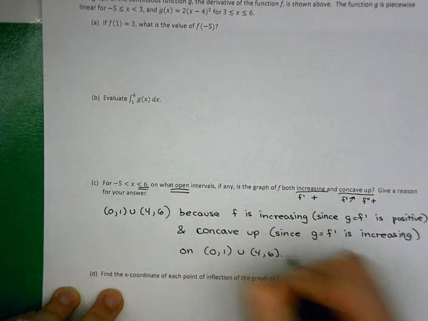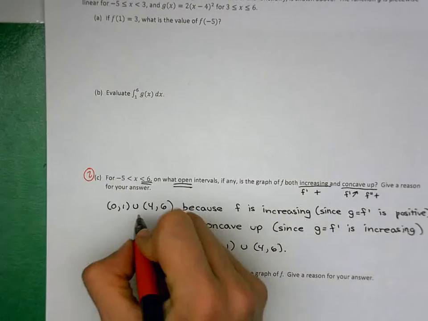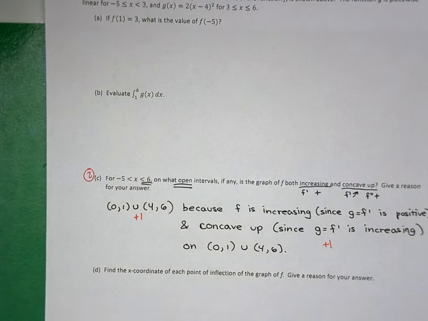This one was worth 2 points, 1 for the intervals, 1 for your reason. And again, as always, there are other ways you could write that reason and still earn that point.